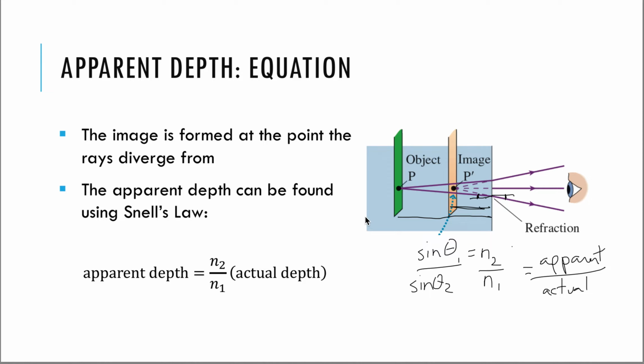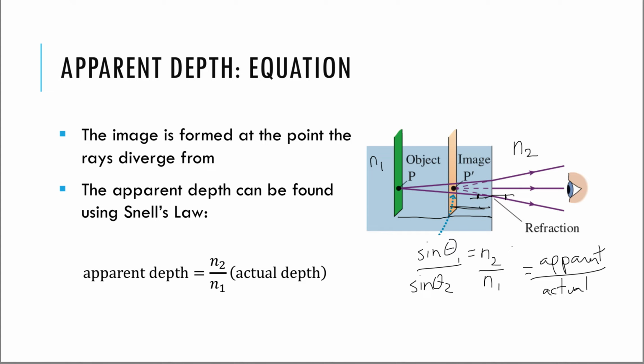So I'll spare you all the details, and we can just use this equation directly to figure out the apparent depth of an object if we know the actual depth and the ratio of the indices. So which one is number 1 and which one is number 2? Well, since the ray is incoming from the water, this is N1 over here. And then the ray is outgoing over here into the air, that's going to be N2.